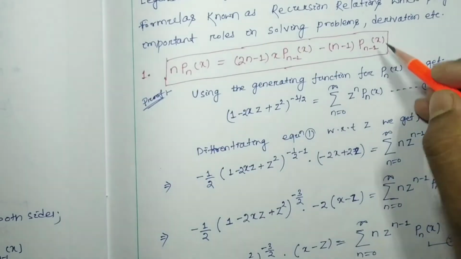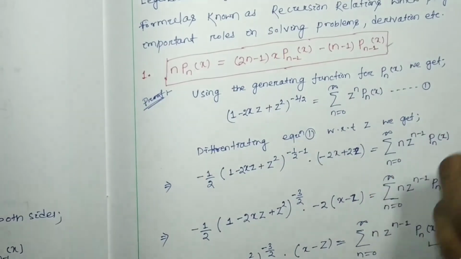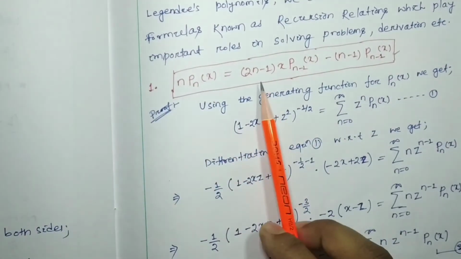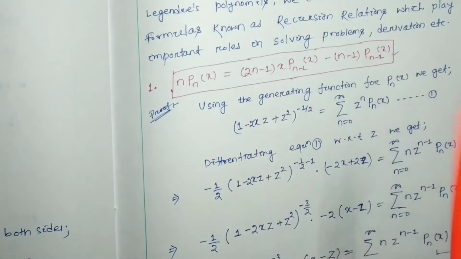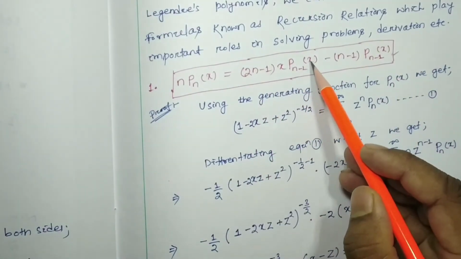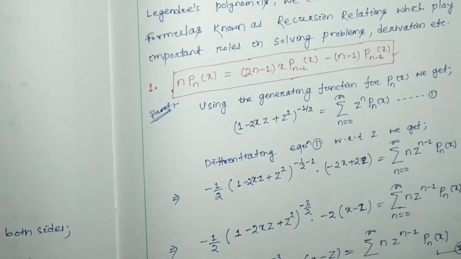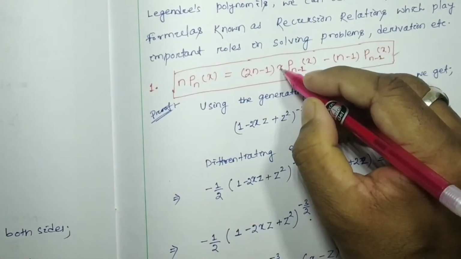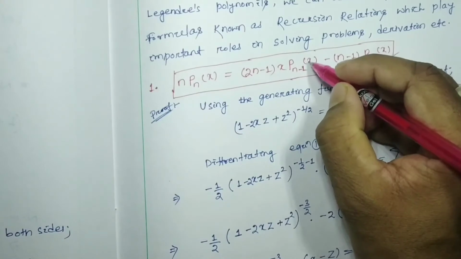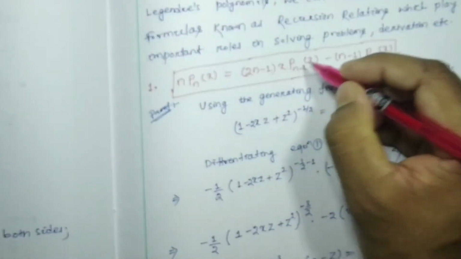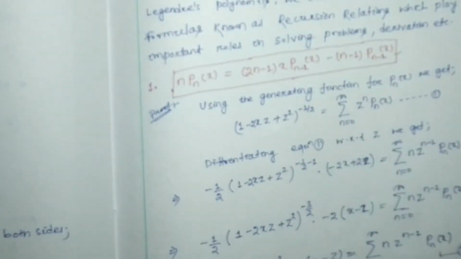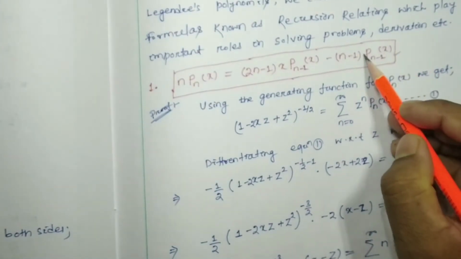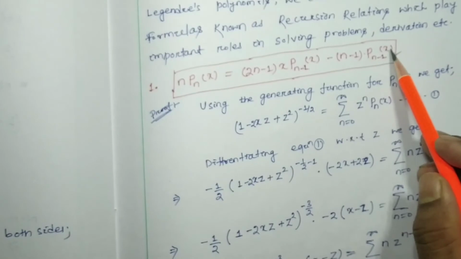So first recurrence, this one we are going to prove: n into Pn(x) will be equal to (2n minus 1) into x, Pn minus 1(x), actually it is not into x, here x is multiplied, but here x is the argument of Pn minus 1. So minus (n minus 1) into Pn minus 2(x).